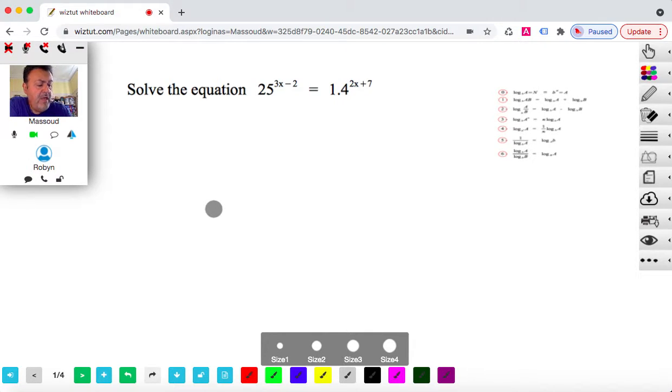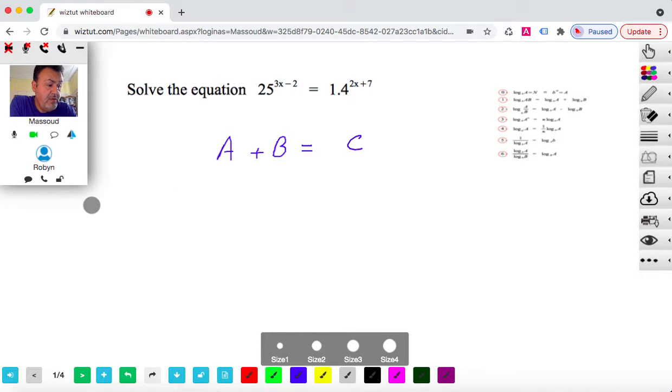Remember one very important rule that I have discussed with you before: if the equation has got more than one part to it, for example, a plus b equals c, then you're not allowed to distribute logs amongst this.